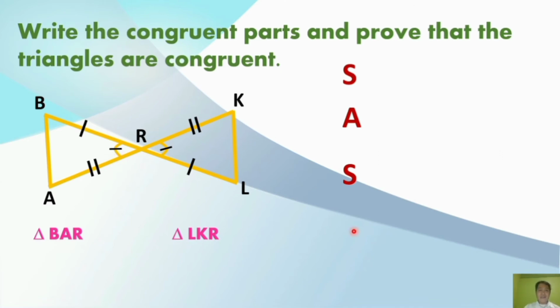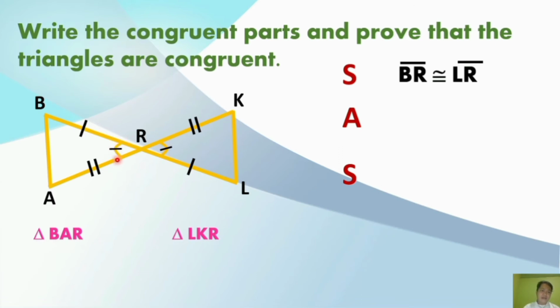So let us now give 3 statements that would prove that the 2 triangles are congruent based on SAS congruence postulate. Let's start with the first pair of sides. We have side BC corresponds to side LR, or side BC is congruent to side LR. And the next are the included angles. So we have this angle here and this angle here.